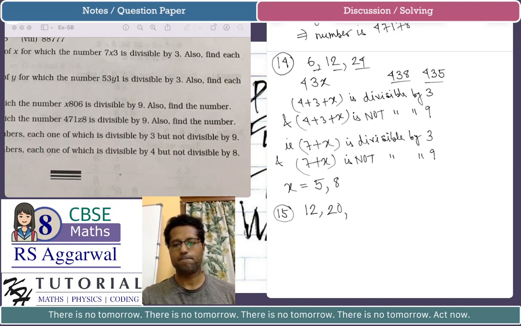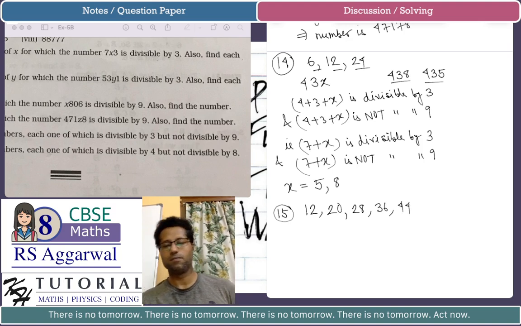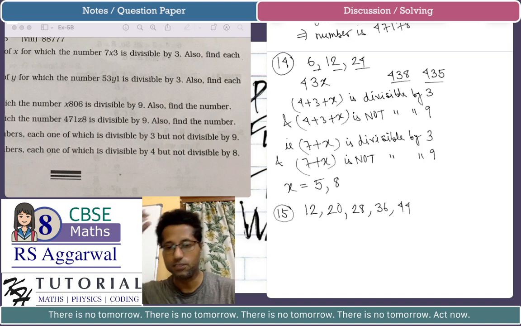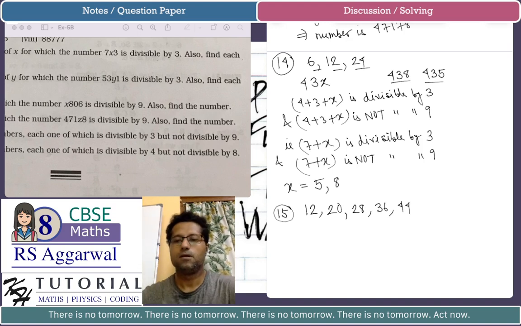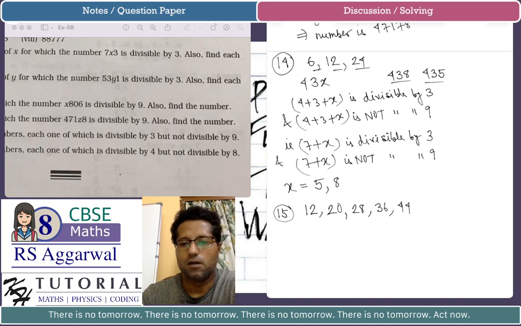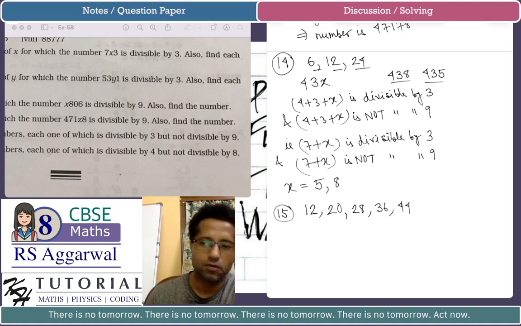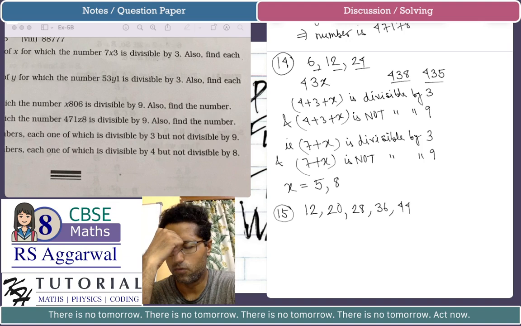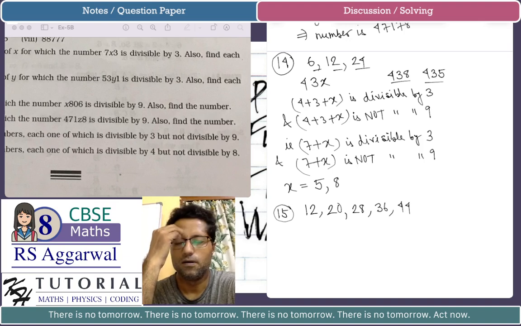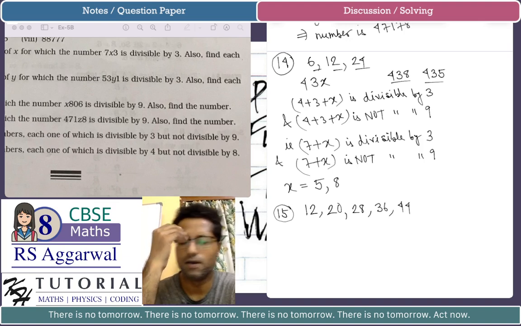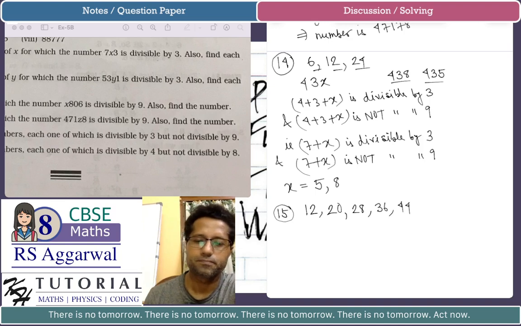So 28, 36, all these numbers are divisible by 4 but not divisible by 8. If you consider a three-digit number, we know that a number is divisible by 4 if the last two digits are divisible by 4.